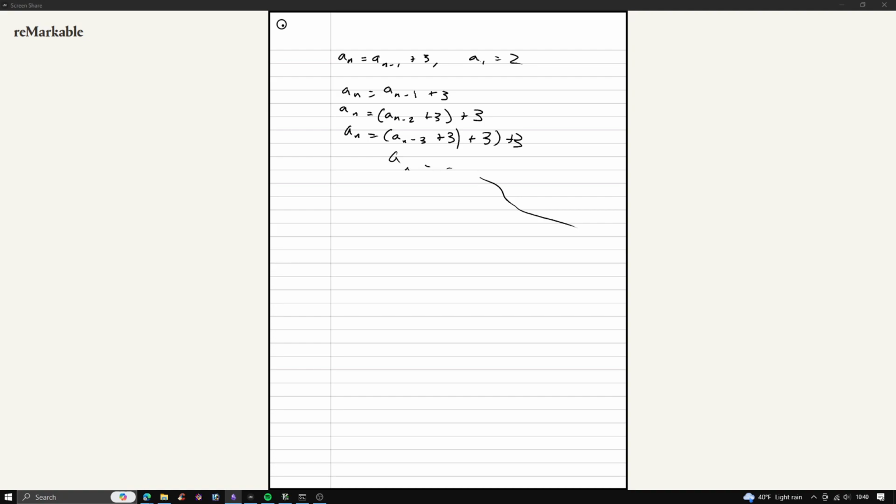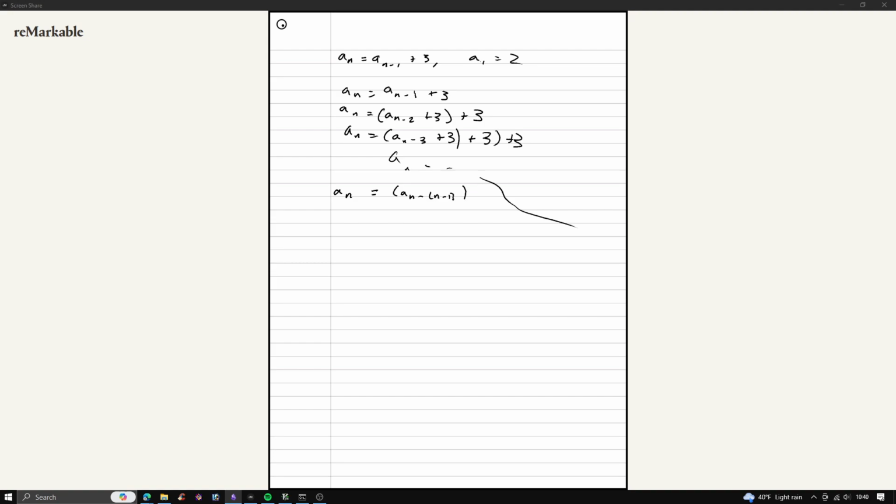Until we get to a of n is equal to a of 1 plus, well, we don't want to specify a of 1, we want to specify n minus 1. Why are we specifying that?